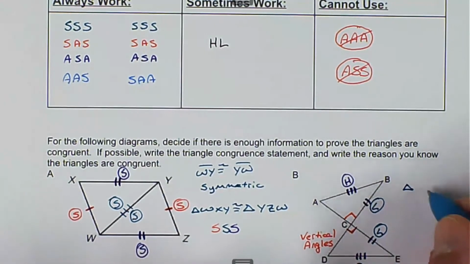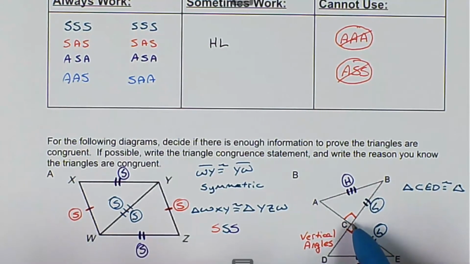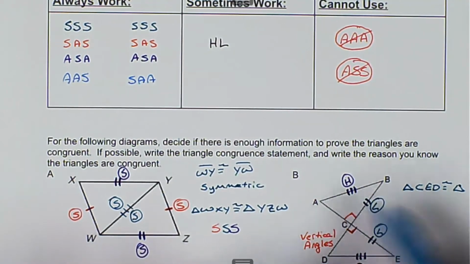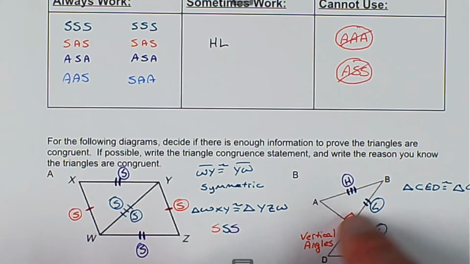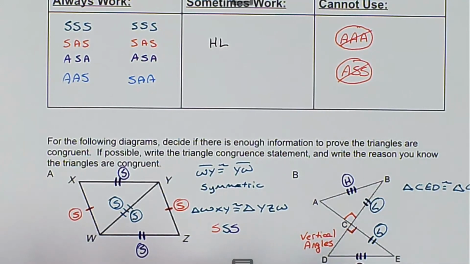Triangle CED is congruent to triangle C, so 2, 3, CBA. And I just followed the number count that I made for the side. So it went 2, 3, 2, 3. And the reason that we know that those are congruent is by hypotenuse leg. We have some more examples.